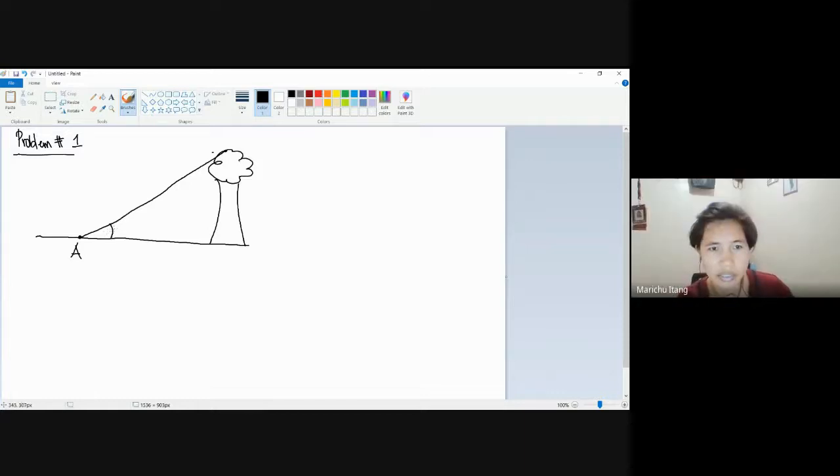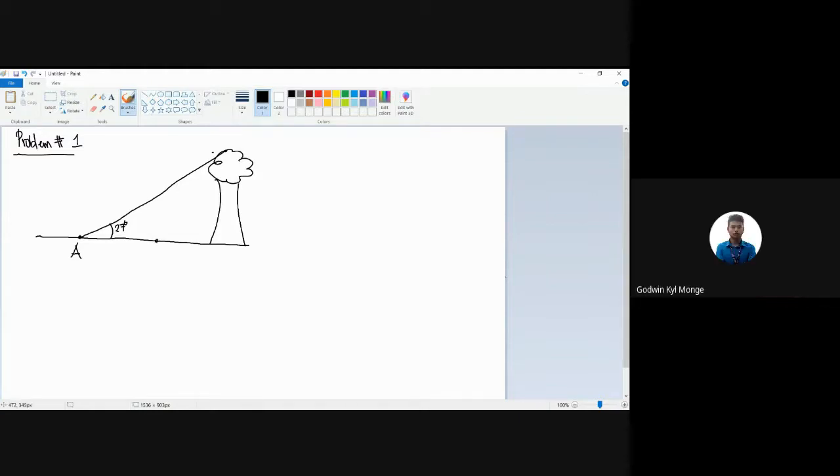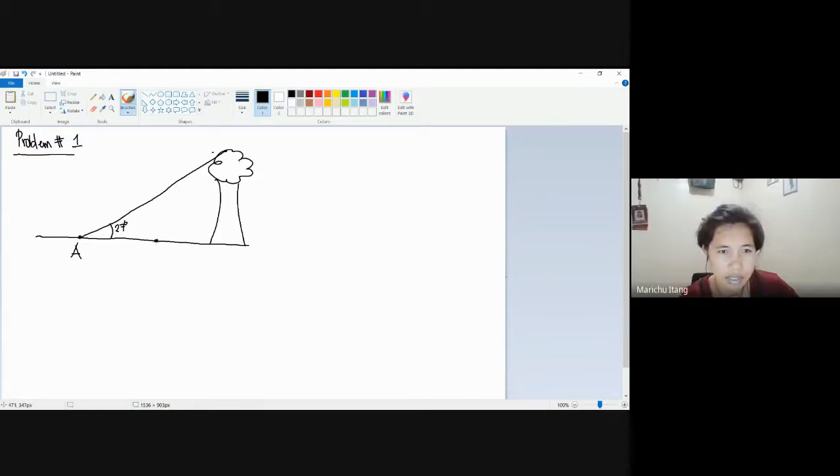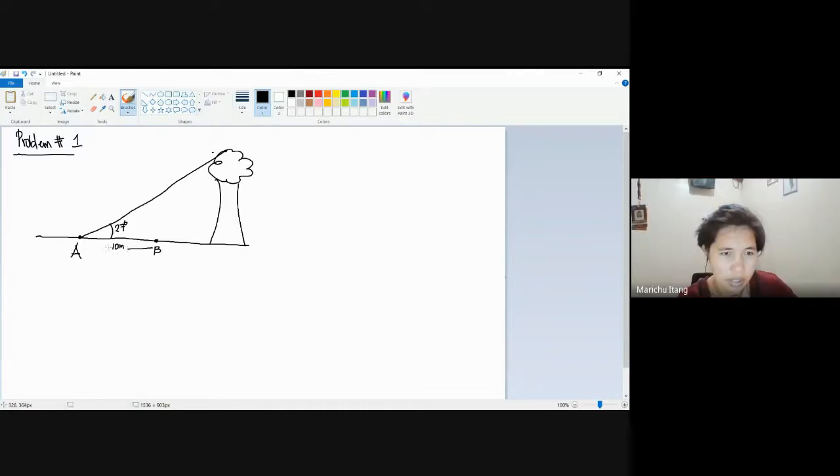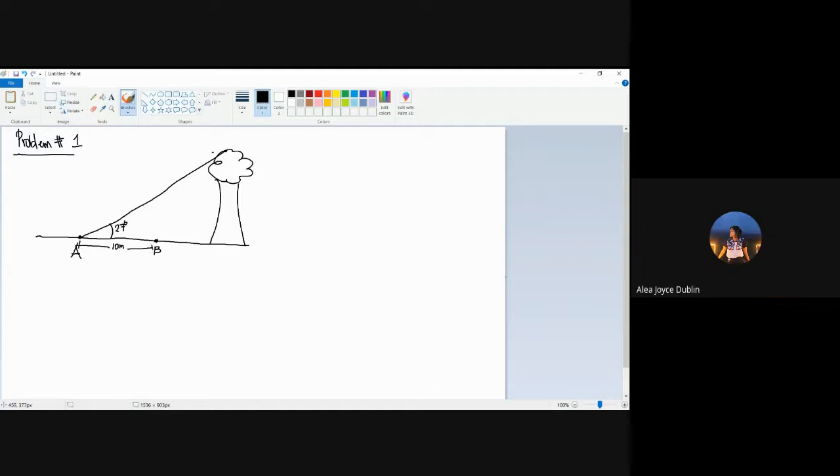What is this angle? This is equivalent to 27 degrees. And then after he walked for 10 meters, let's say this is point B, since moving closer to the tree for 10 meters, this is equivalent to 10 meters. Is this correct? Yes, ma'am. The distance from A to B is 10 meters.